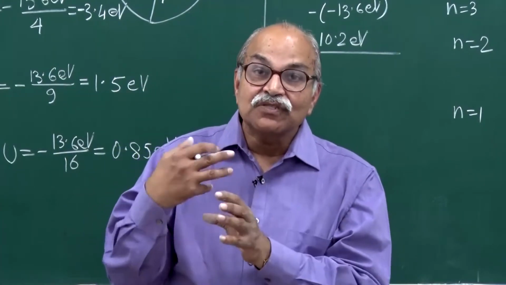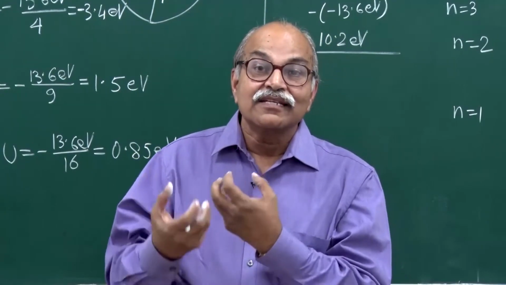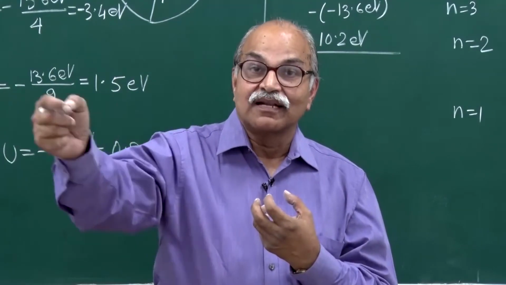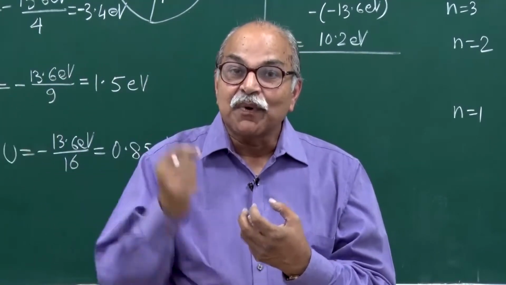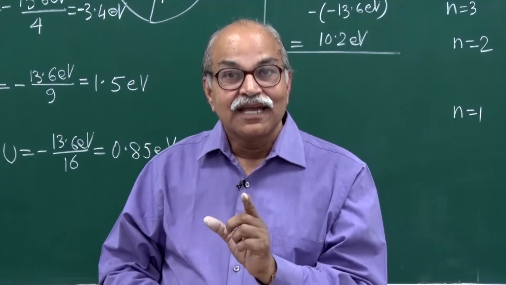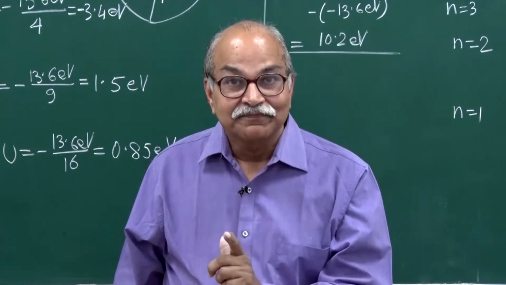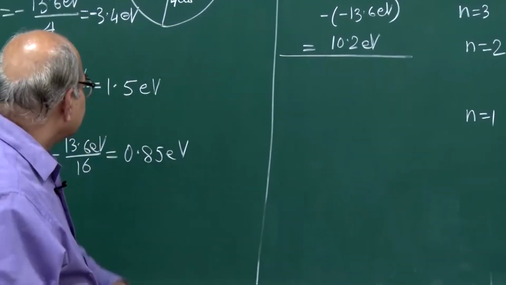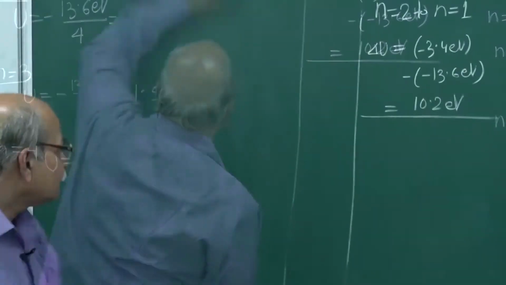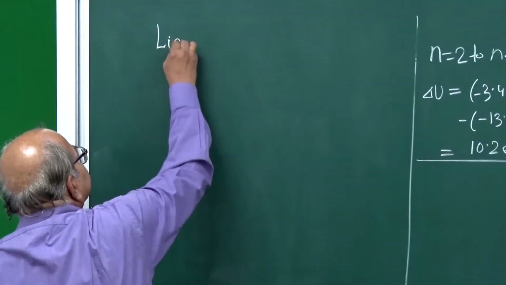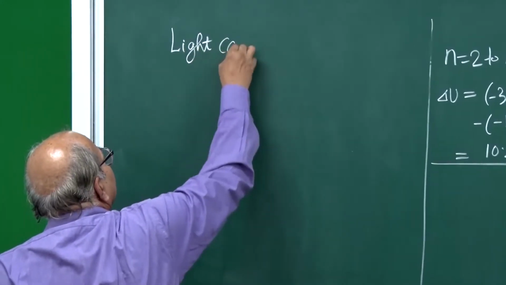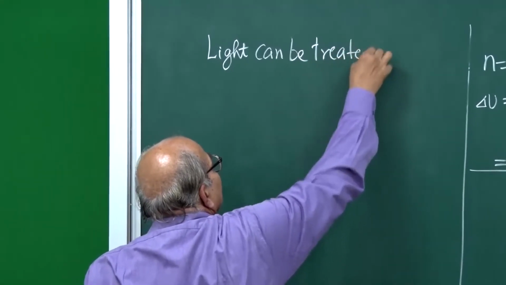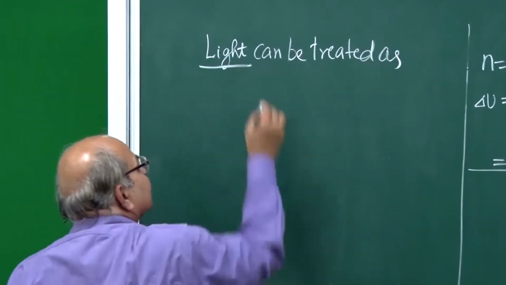Light sometimes shows up as a collection of particles. You can count how many particles are there, and each particle has an energy and a linear momentum, particle characteristics. So let me write that. So light can be treated as, light means any electromagnetic radiation.